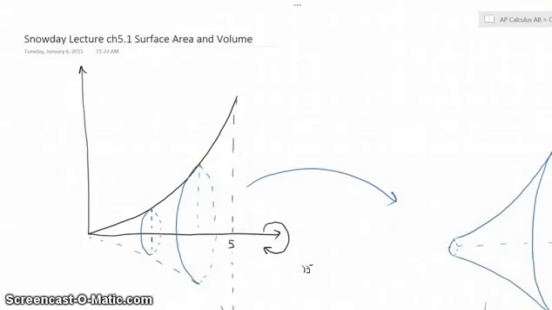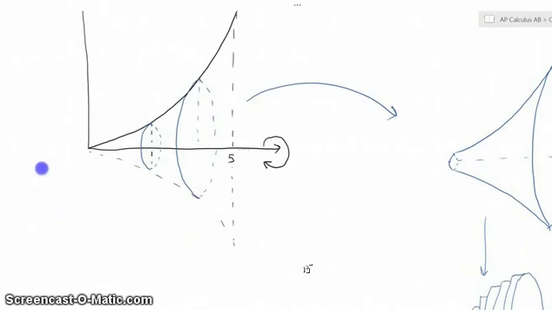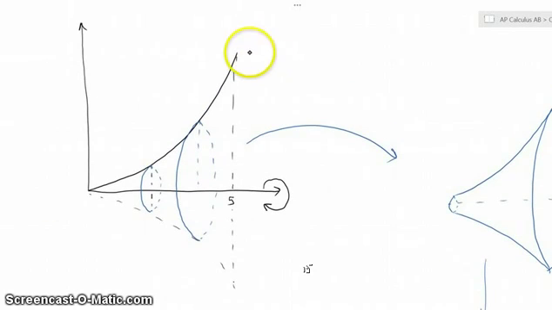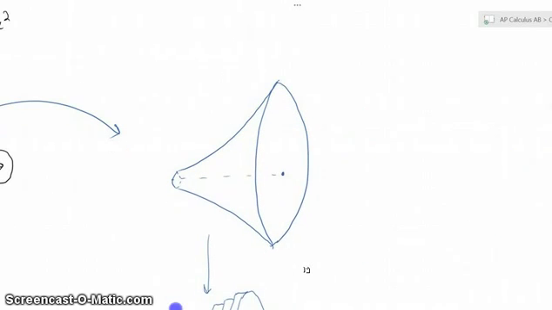Okay, so let's take the same function, but let's use the method of estimating with rectangles to find different things other than area. So if we were to take the curve f of x equals x squared, and we were to rotate it about the axis, it would create a shape that looks like this.